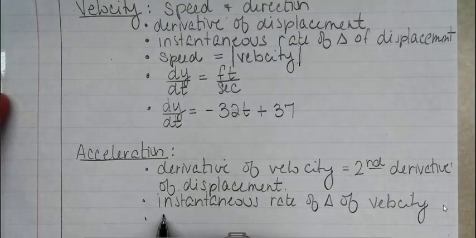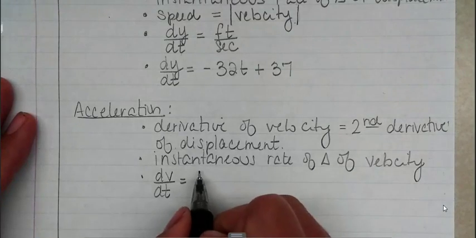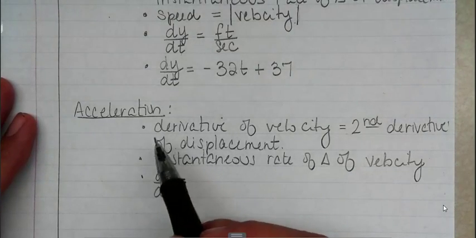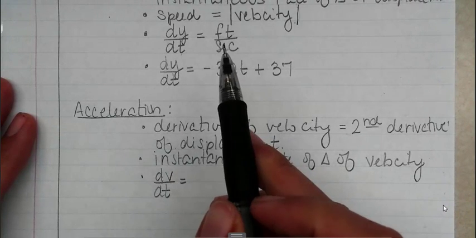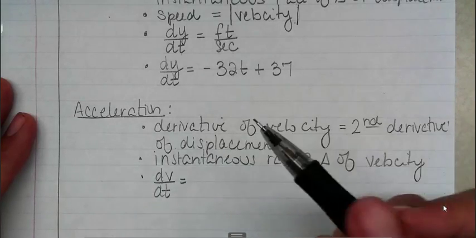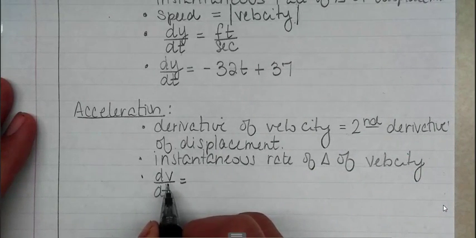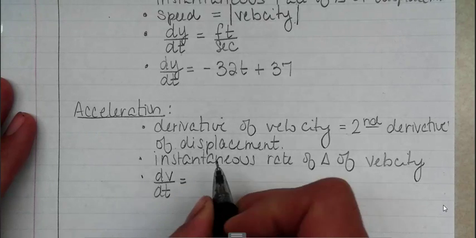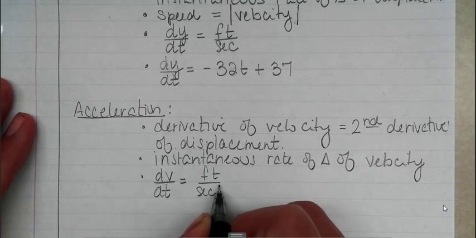So if I take the derivative of velocity with respect to time, what are those units going to be? We've already done this in chapter 1 when we did all of our explorations and were looking at different rates of change, average rates of change. But when we found the rate of change of velocity, we ended up with feet per second squared.